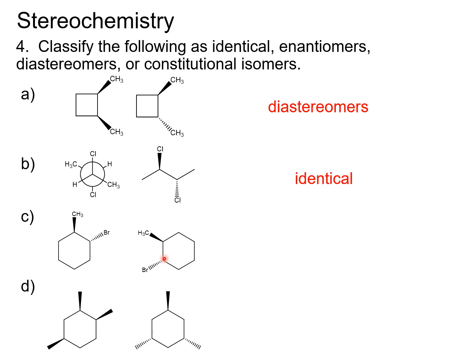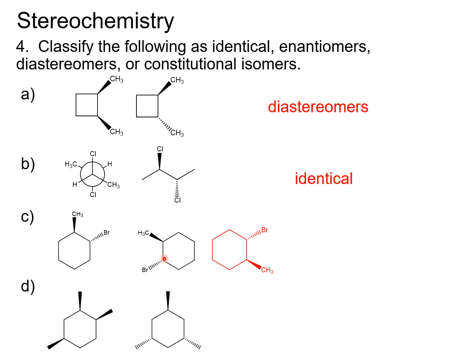So the first thing I would do is twist this and rotate to get the methyl group and the bromine on the right-hand side. If I twist enough to the right, I'd end up getting that structure. Can everyone see how I did that? I just took it, twisted it over so that my methyl group and bromine were on the other side. I didn't flip it over. I just twisted it.